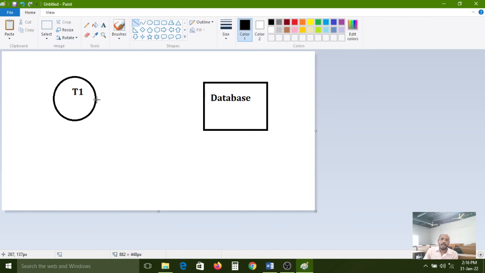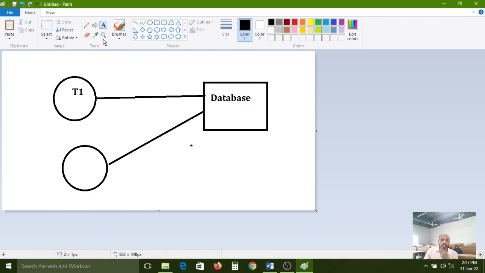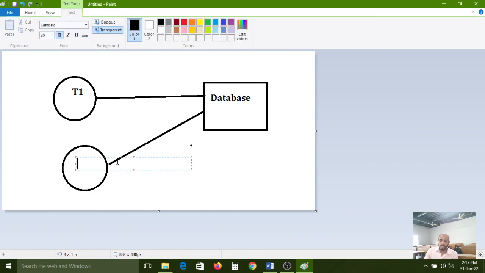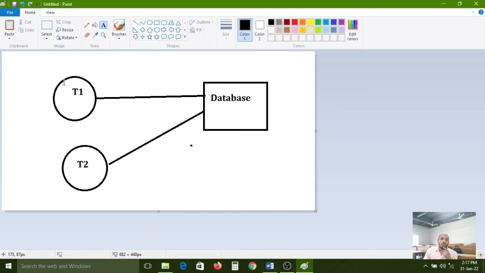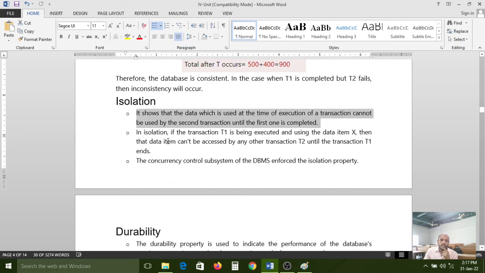It is accessing the database. And transaction 2 is also coming from the user, and here also accessing the same database. So that means two transactions at a time are coming and accessing the same database.